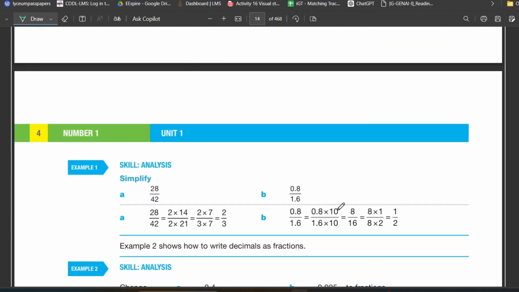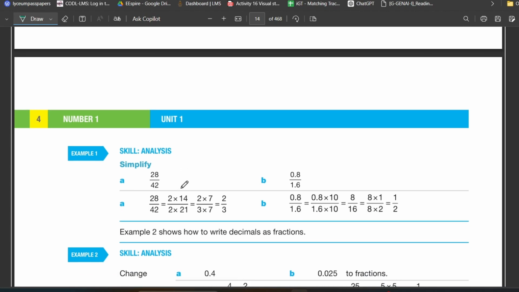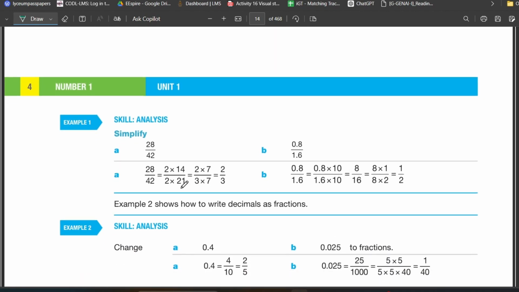Let's look at these examples. The first one, they are asking us to simplify this. The first thing we have to do is find the common factors. You know that 28 is 7 times 4 and 42 is 7 times 6.